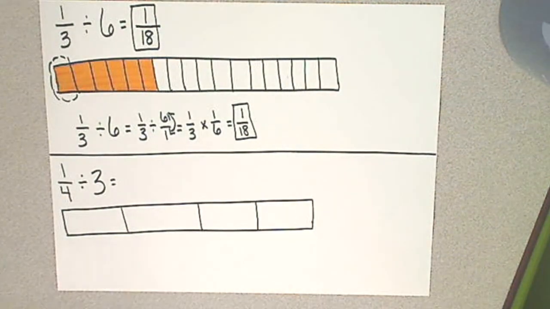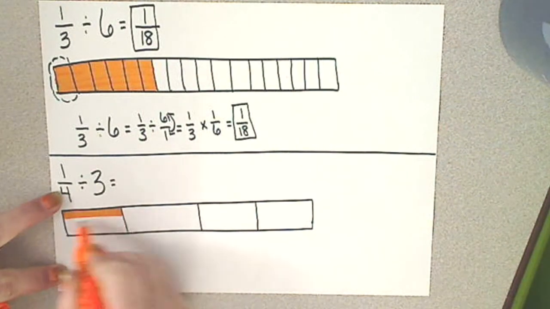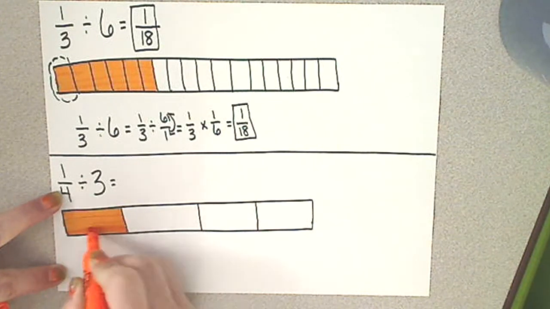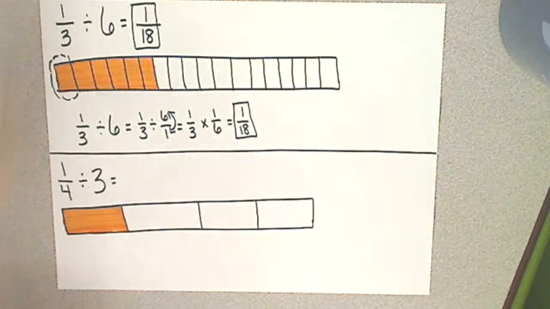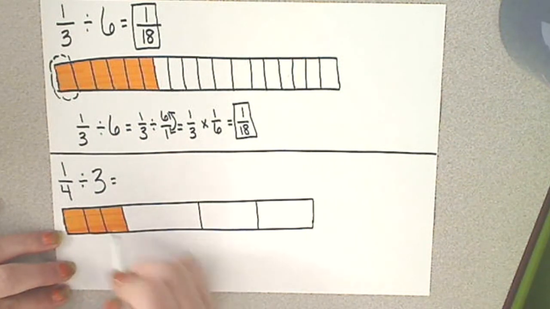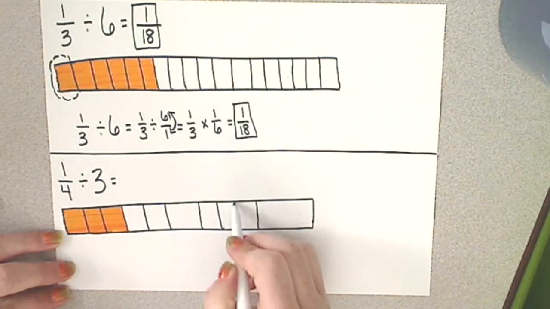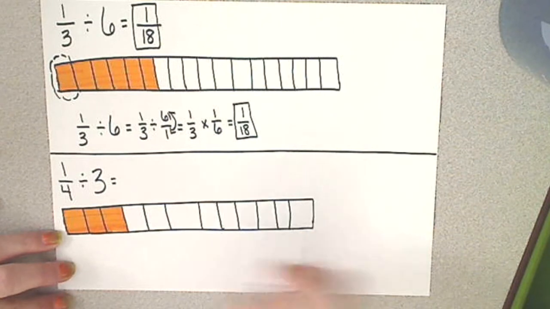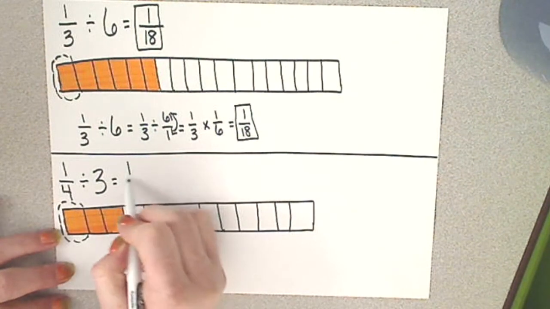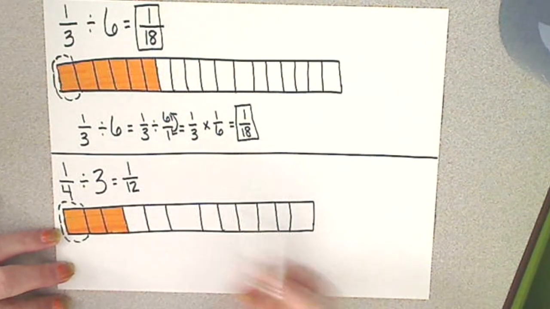We need to shade 1/4. And we need to split our shaded piece into 3 pieces. Now we need to split the rest of our fraction. 1/3 and 1/3. Remember, we're only looking for one piece, and we now have 12 pieces in all.